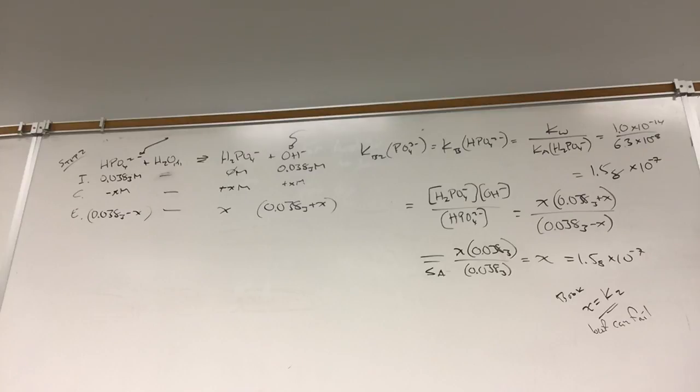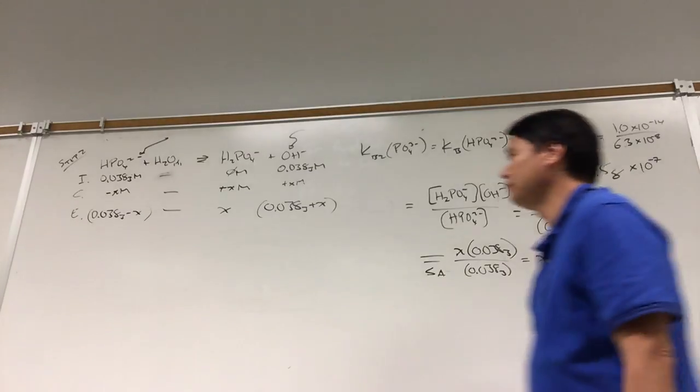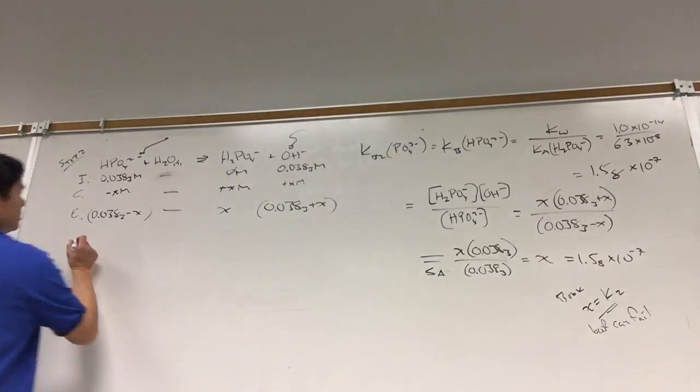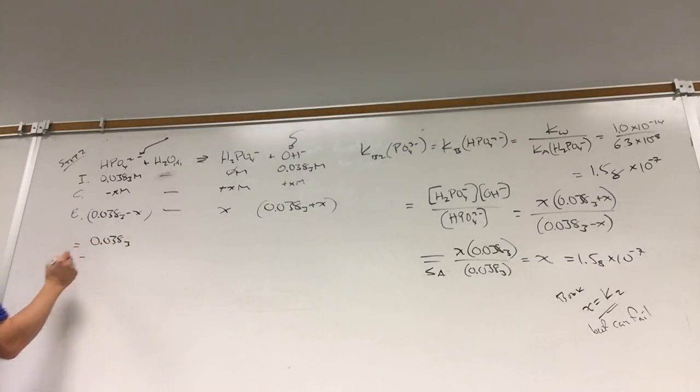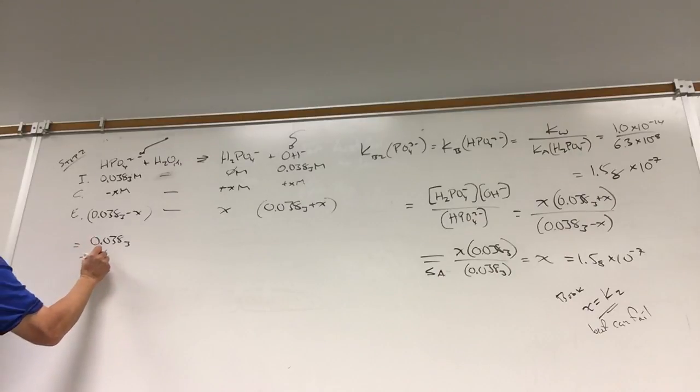Yeah, it's no problem with the simplifying assumption here. There's no problem with the simplifying assumption. Even though there's no problem with the simplifying assumption, we still do the calculation with 0.0383 minus x.